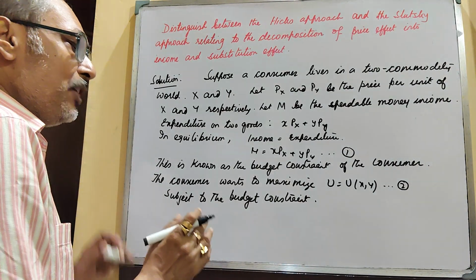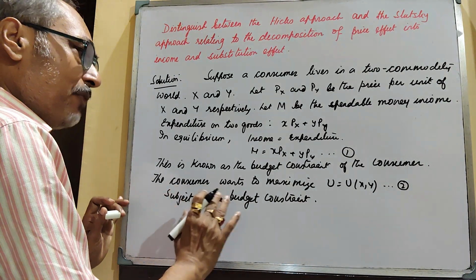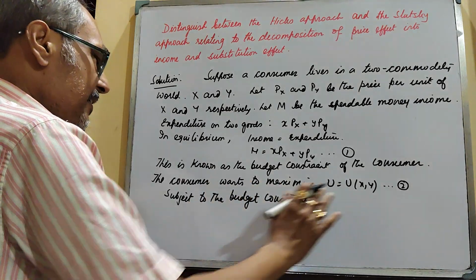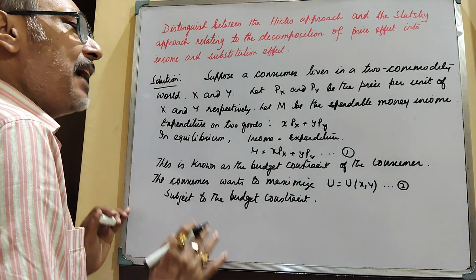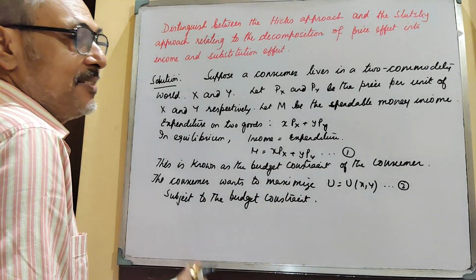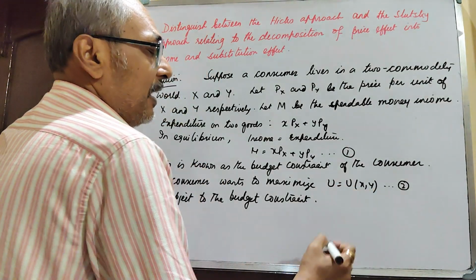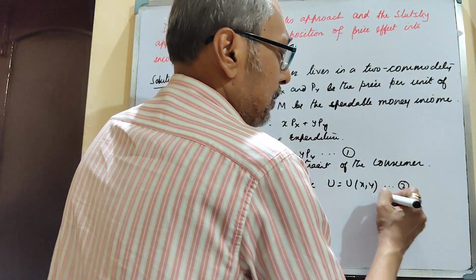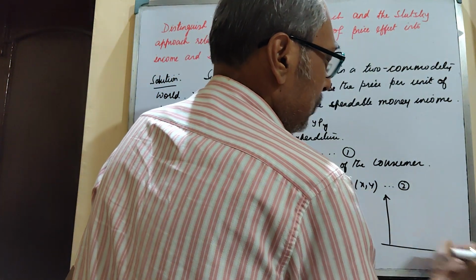Suppose the consumer wants to maximize utility subject to the budget constraint, and the utility maximization exercise is done where the budget line is tangent to the IC.